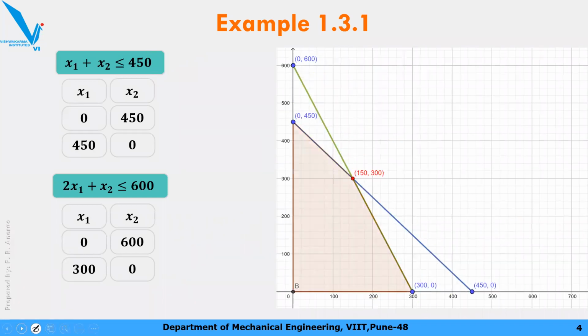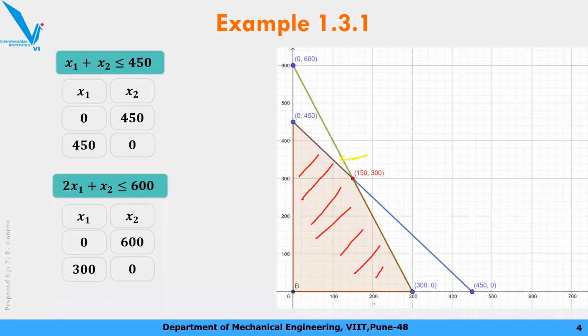Okay, so I hope you understood this. Only identifying the feasible region is a little tricky task. Otherwise, your questions, your answers are very easy. Now, you identify that this hatch area or highlighted area is your feasible region.